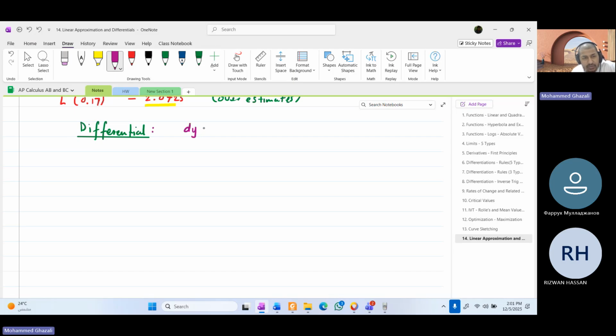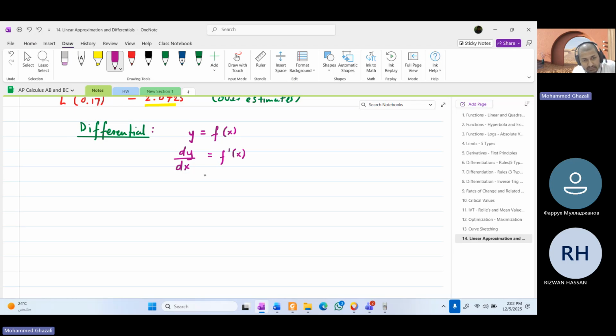Remember when we said f of x is equal to y, we said y equals f of x. Then we found dy dx. Correct? We found dy dx is equal to f prime x. We can find dy.